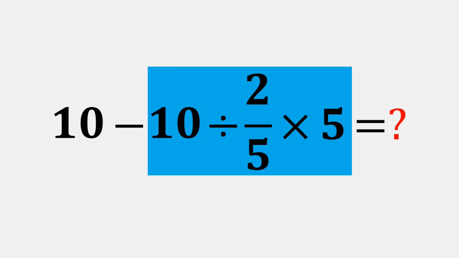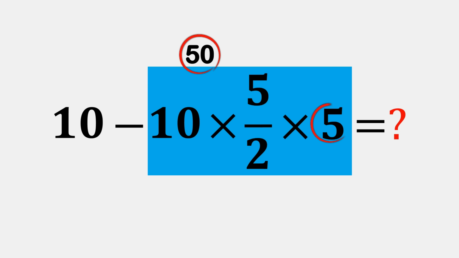Starting from the left, we have 10 divided by 2/5. According to the KFC rule, we keep the 10, flip 2/5 into 5/2, and change the division to multiplication. Now, the entire blue part of our equation becomes 10 times 5/2 times 5. First, 10 times 5 equals 50. Then, 50 times 5 equals 250.